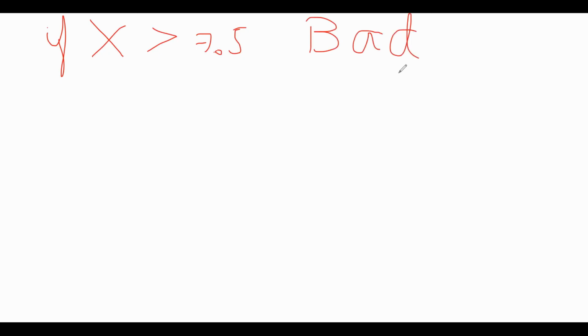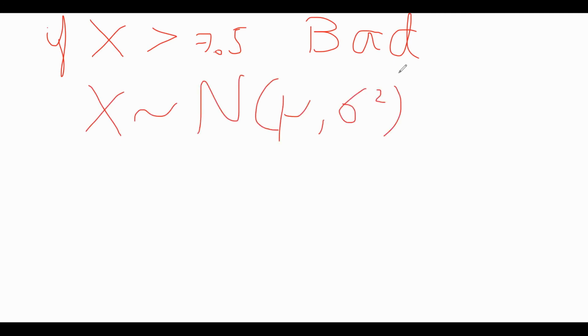So let's say that if x is greater than 7.5, bad. If x is greater than 7.5, it's bad. What I'm going to do is to say x is normal with mu and sigma squared, under the assumption it's normal.